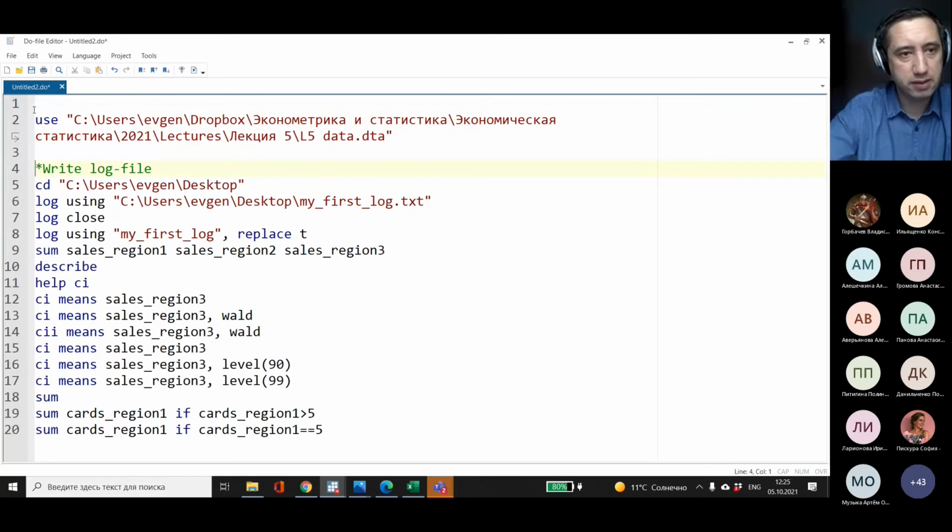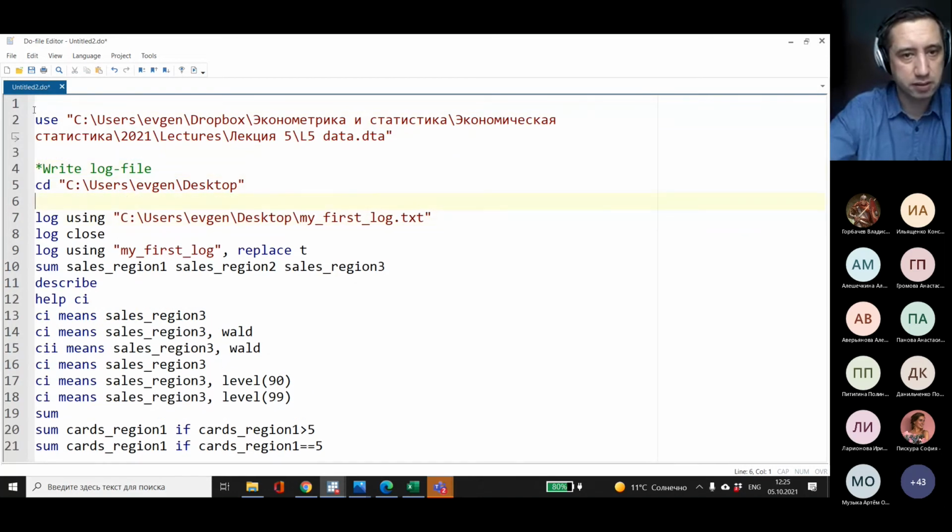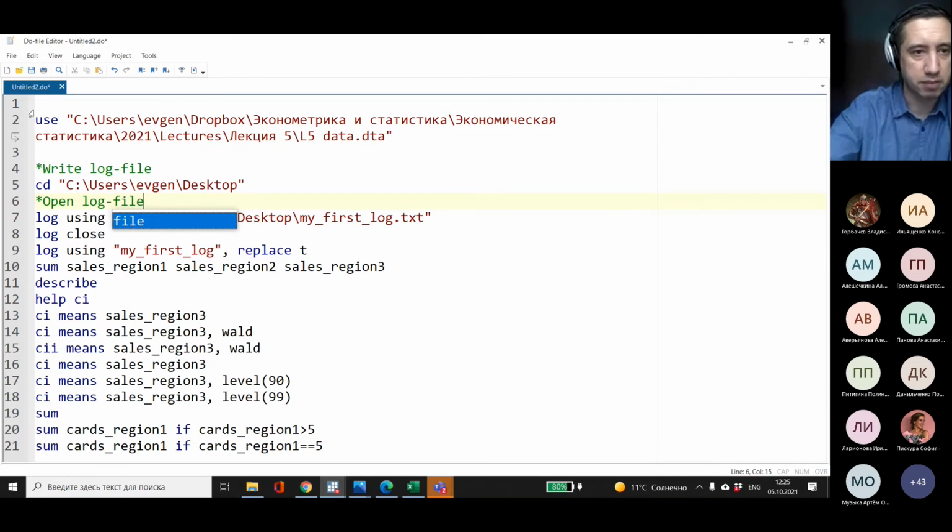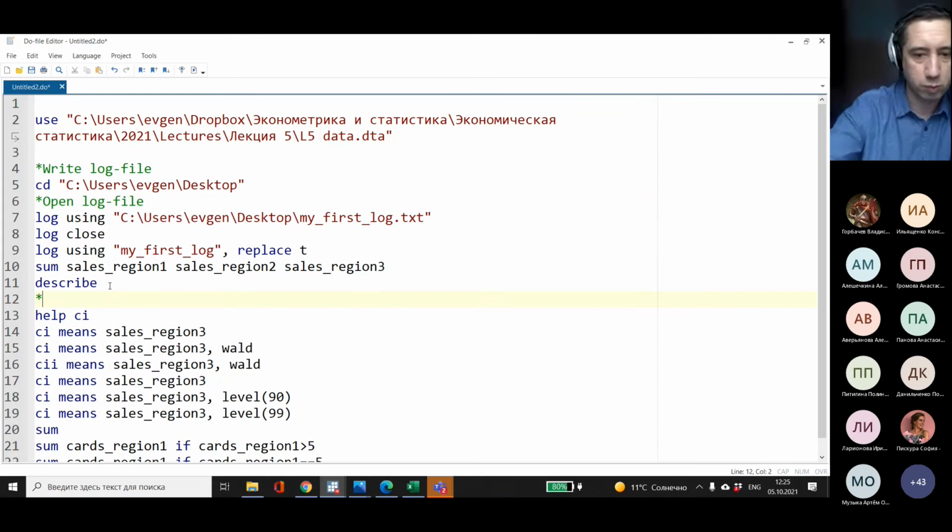If you want to comment something, use asterisks, for example, open log file, or open help, and so on. Stata uses blue color to indicate a command name. Stata uses black color for variable names, options, and all the rest of the information.